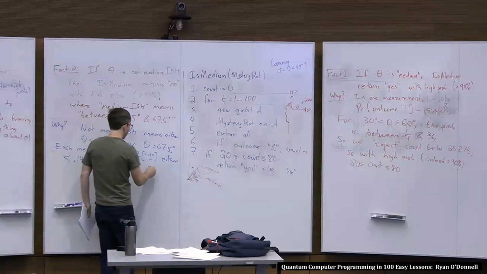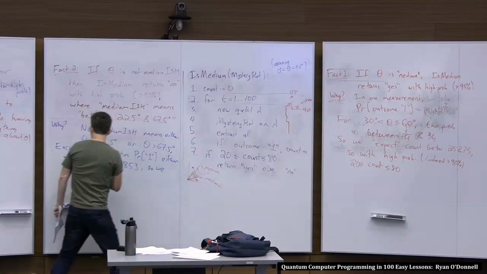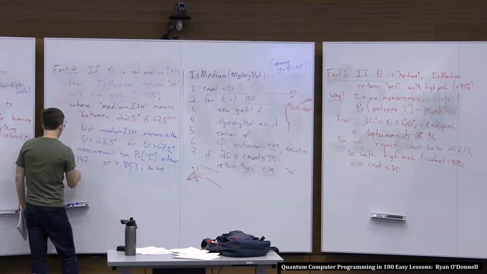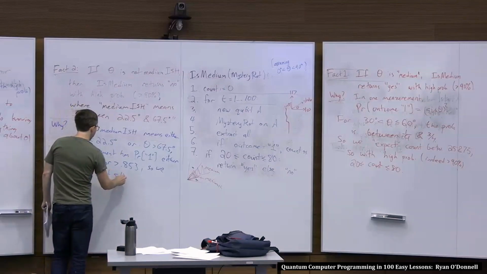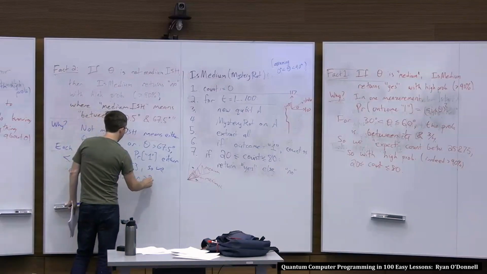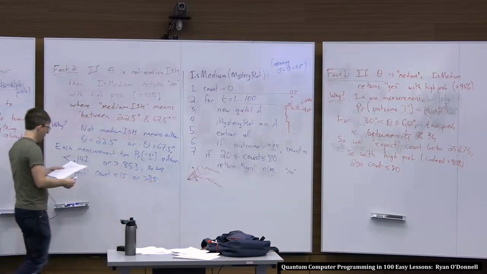So we expect that count is probably either less than 15 or greater than 85, typically.